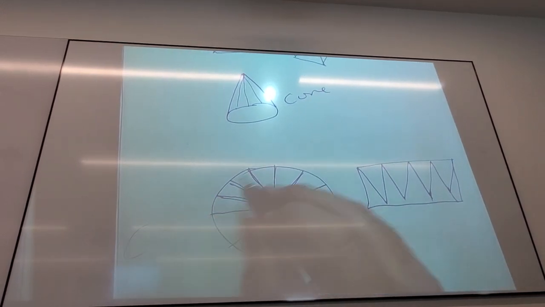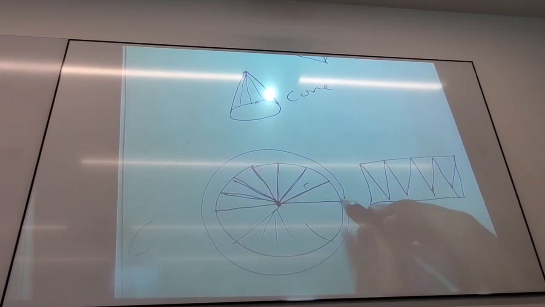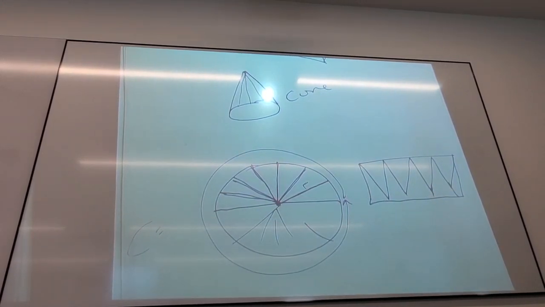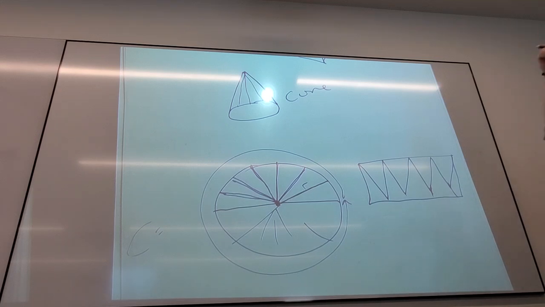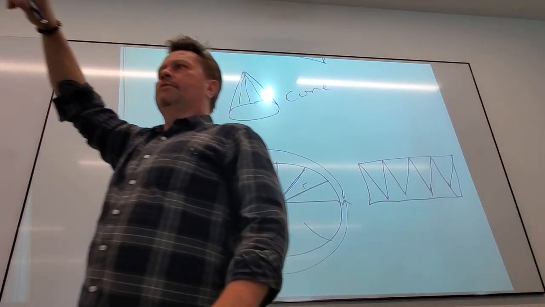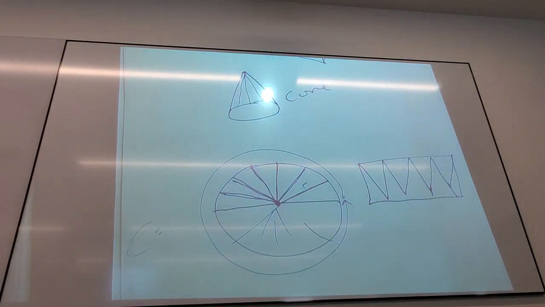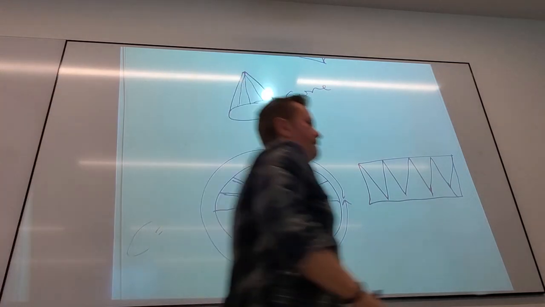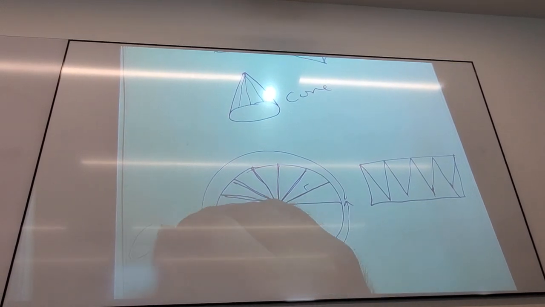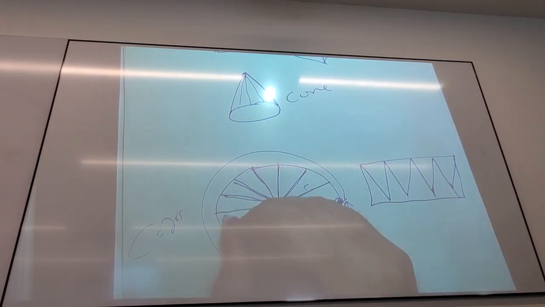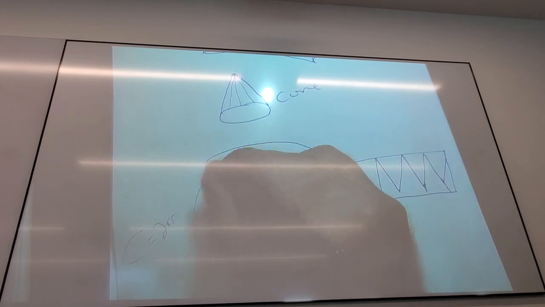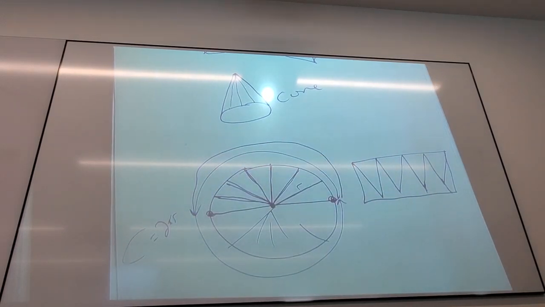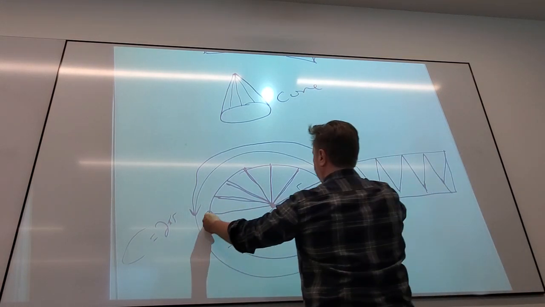What's the formula for the circumference? How far around is this? Not the number of degrees. How far around if I walked it? 2 pi r. Yes. How far is it from here to here then? Pi r. You guys, does that make sense? Because it's halfway, yes? Isn't this the same as this, yes?